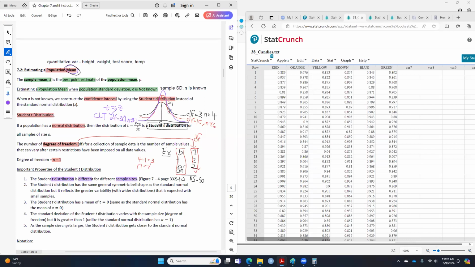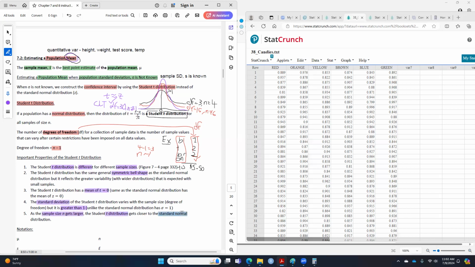Second thing is that the t distribution is a symmetrical bell shape, something like a normal distribution. But the mean for the t distribution is 0, and the standard deviation for the t distribution is more than 1. And when sample size gets larger, like what we just did from black to red to purple, your t distribution gets very close to your z, the standard normal distribution.